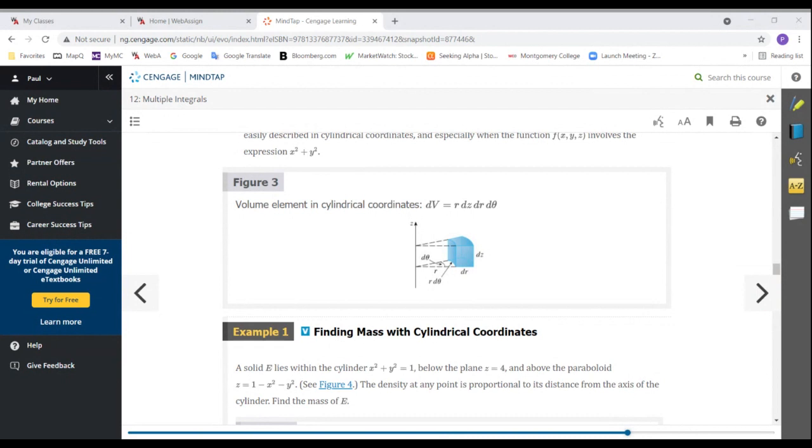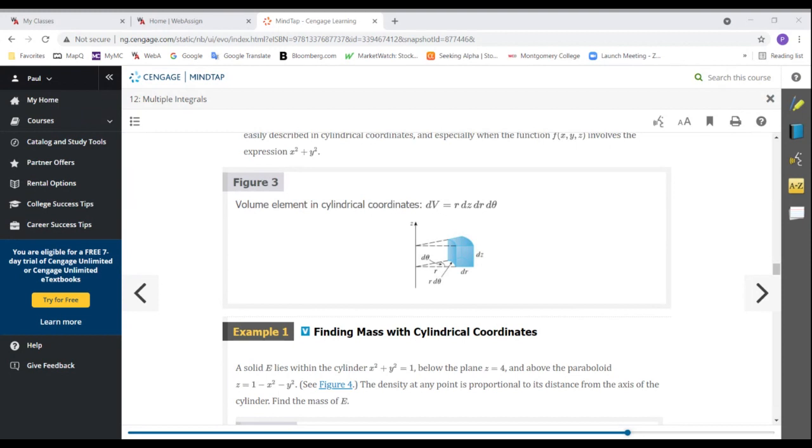But the r d theta is a length of an arc, a portion of a circumference. Think of circumference: the circumference of a circle is 2 pi r, because around a circle the arc is a distance of 2 pi.